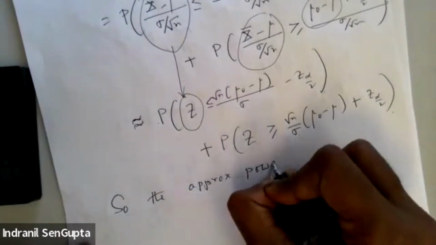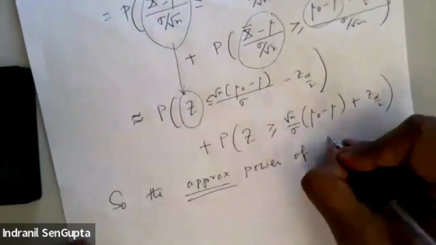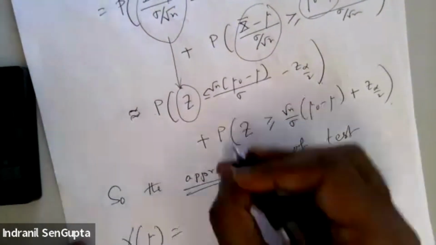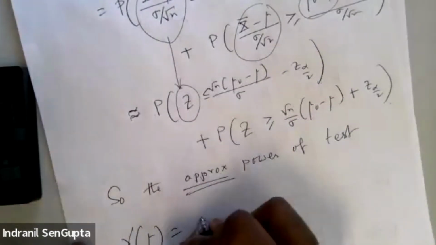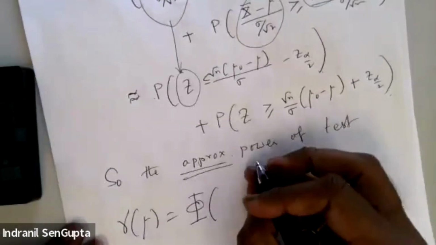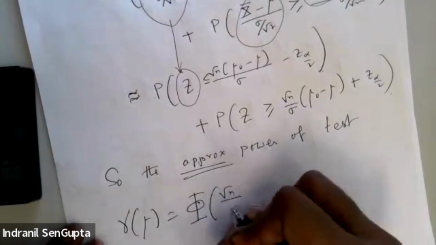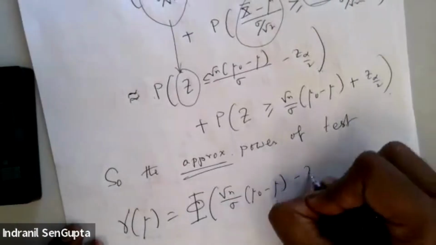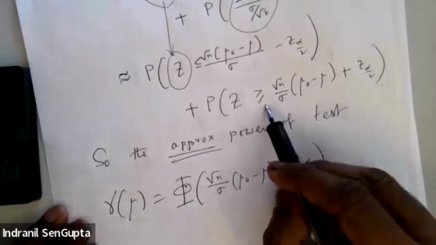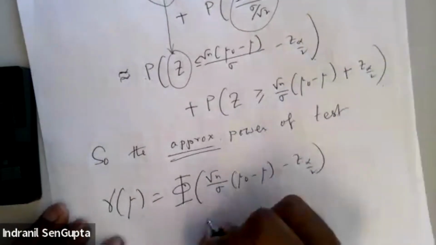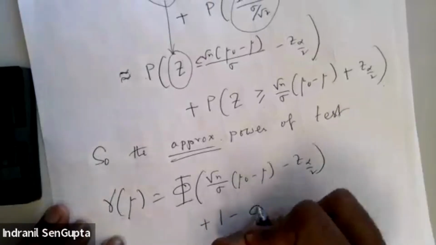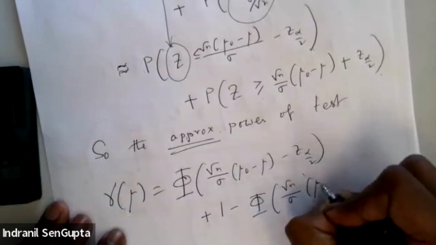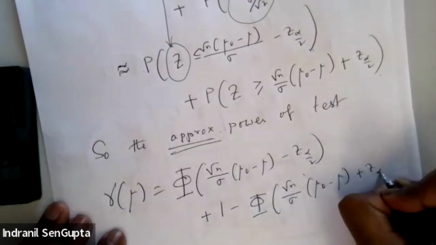So the approximate power of the test, gamma of mu, can be written in terms of phi as phi of square root of n over sigma times (mu 0 minus mu) minus z of alpha over 2, plus 1 minus phi of square root of n over sigma times (mu 0 minus mu) plus z of alpha over 2.